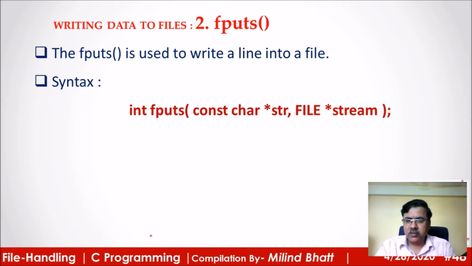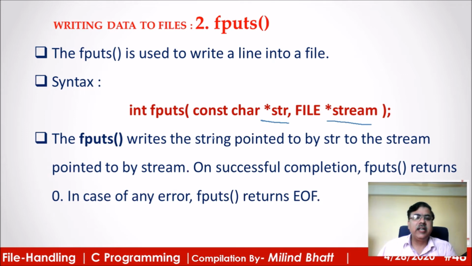If it is successful, then the value, otherwise error. fputs will take what content you want to write in terms of a string and where you want to write. fputs writes the string pointed to by str to the stream pointed to by stream. On successful completion, it returns 0. In case of error, it returns end of file.